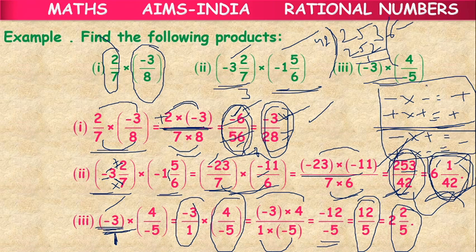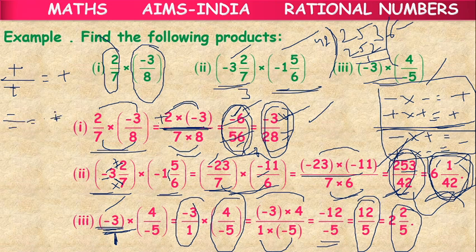Here, like multiplication, for division of rational numbers also, if plus divides by plus, it results in positive. Minus divided by minus results in positive.